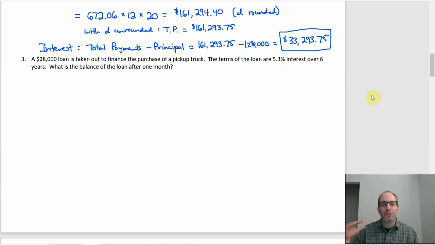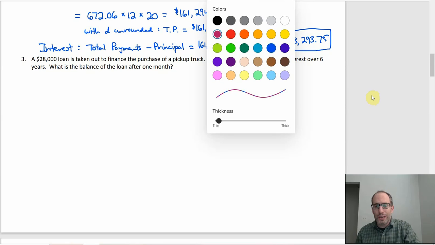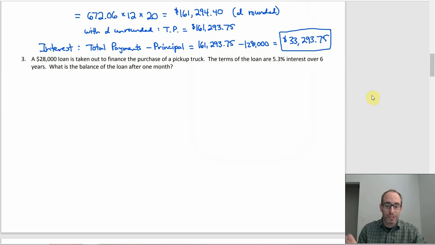But then it fit together so perfectly this way that when I caught it, I thought, well, we can do it in this order, and number 3 will just be foreshadowing for what happens later. Really, 3 belongs with the amortization schedule. So this is slightly out of order. It would make more sense to do 4 and 5 first, but that would actually make it a little more confusing the way this is arranged now.